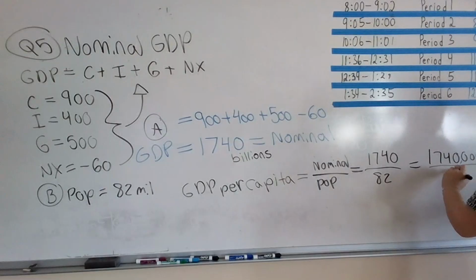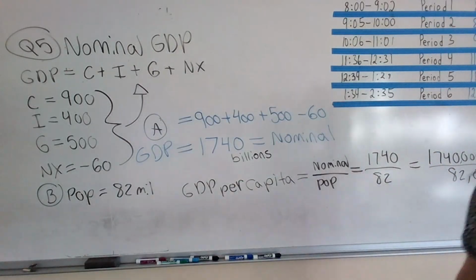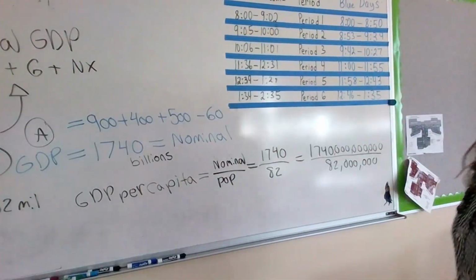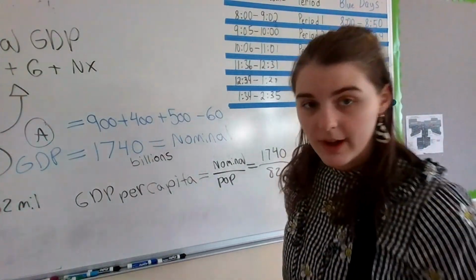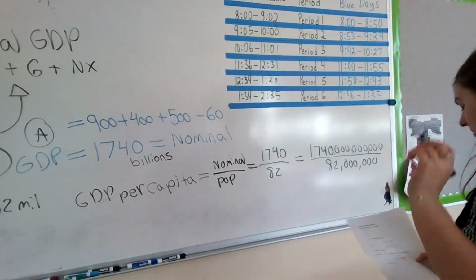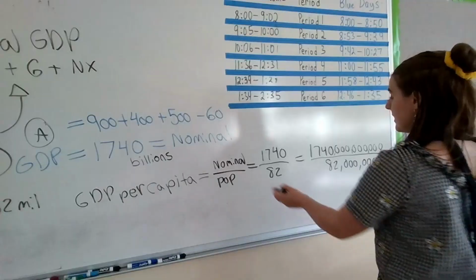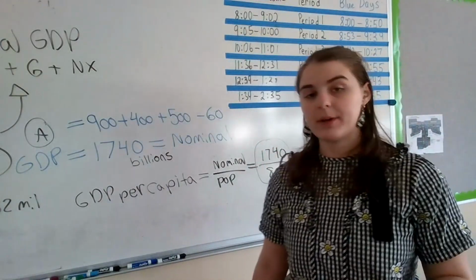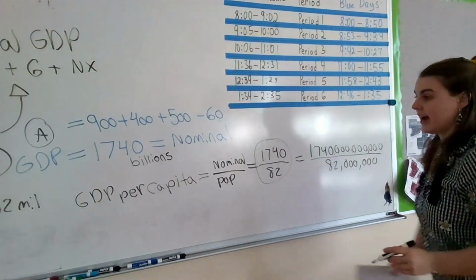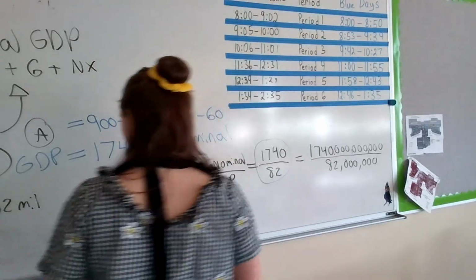We can either have all our zeros or none of our zeros. Either way, we're gonna get the same answer or a similar interpretation. In this case, you're gonna have to add the zeros back in, because remember, we're doing per capita, and when we divide this out, it's actually gonna give us a GDP per capita.